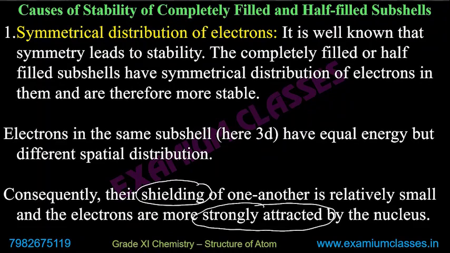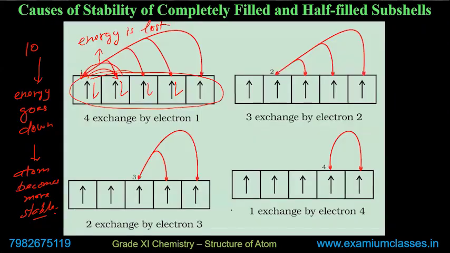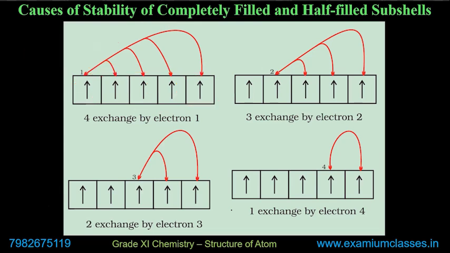So less shielding, greater force of attraction, greater stability. Exchange of energy, you need to remember these 4 points. The greater the number of exchanges, the higher the loss of energy, the lower the energy of the system, the greater the stability of the atom. These are the exchanges shown. How many exchanges are possible in each case? This is just to explain that the greater the number of exchanges, the greater the loss of energy, nothing else.